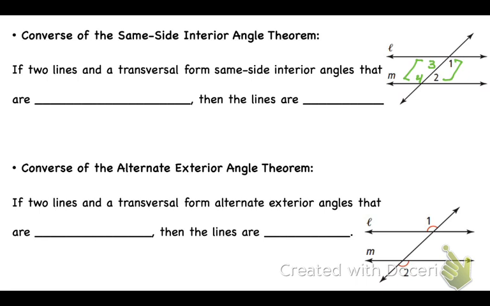An alternate exterior, or on the alternate side of the transversal on the exterior of the parallel lines. So we have one set. Do we have another set? Right where the one is on the wrong side. Yes?